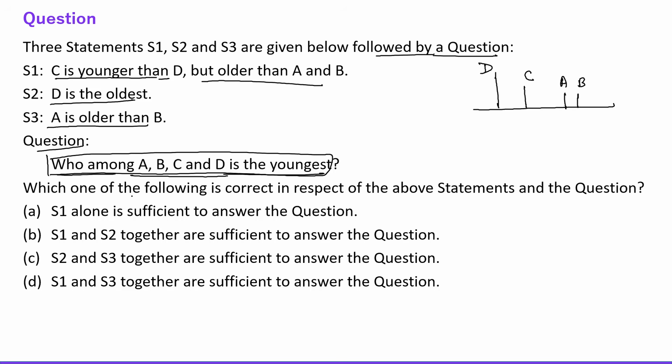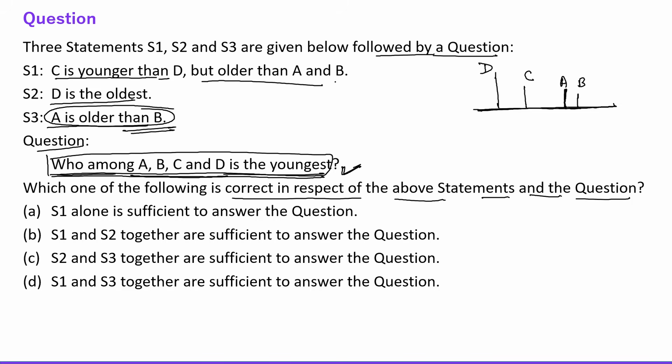What is the question? Which one of the following is correct in respect to the above statements and the question? Who among A, B, C, D is the youngest? S3 is saying A is older than B. We have some information from S1, and S3 is saying A is older than B, and the question is who is the youngest?